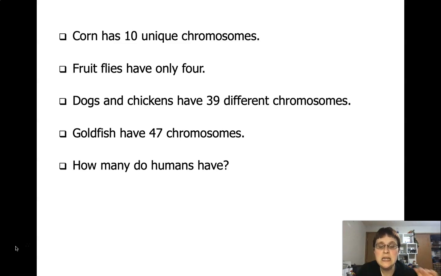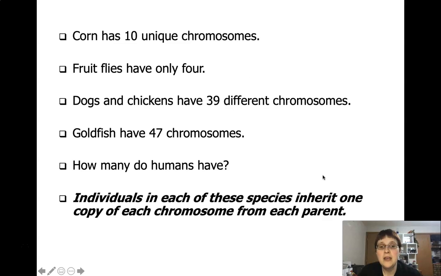So how many unique chromosomes do humans have? And it's 23. So we have 23 chromosomes. So we've taken our genome and cut it into those 23 sections, versus goldfish at 47, dogs at 39, or fruit flies at 4.